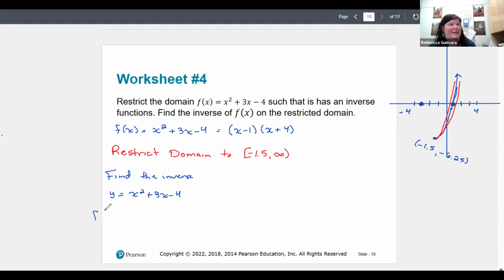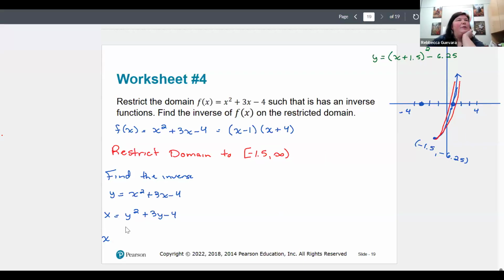We switch x and y, and we have x is equal to y squared plus 3y minus 4. Okay. So we see here we're going to get stuck, and we're like, well, what do we do?